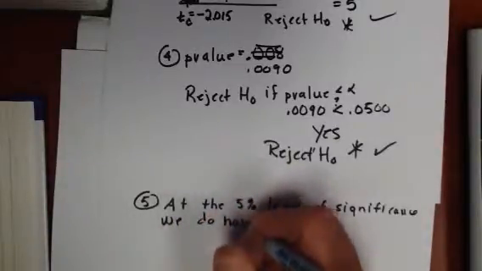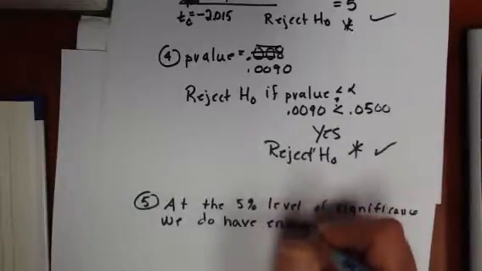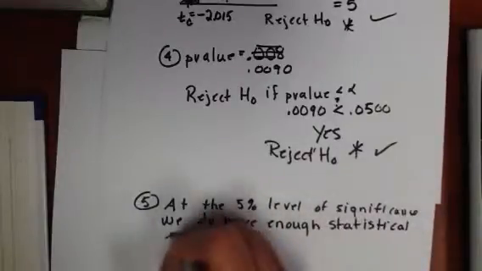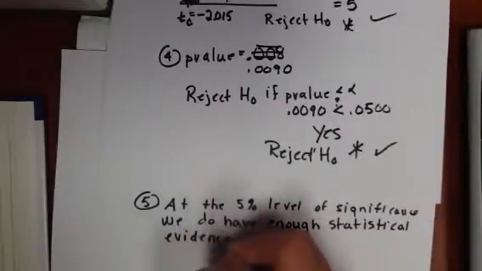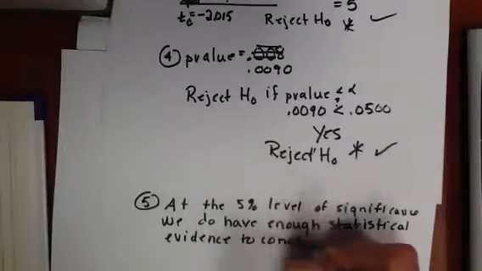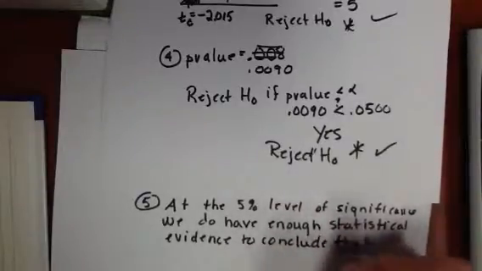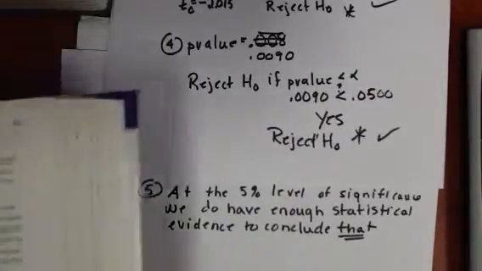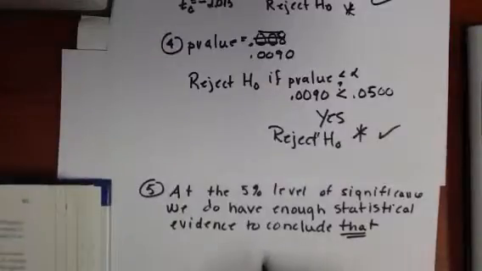We do have enough statistical evidence to conclude that, remember that helps you get your wording. I go back to my problem. It said, do the data indicate, oops, sorry, I lost you there, that the population mean RBC count for this patient is lower than 4.8. That's my conclusion. And I had enough evidence to conclude that.